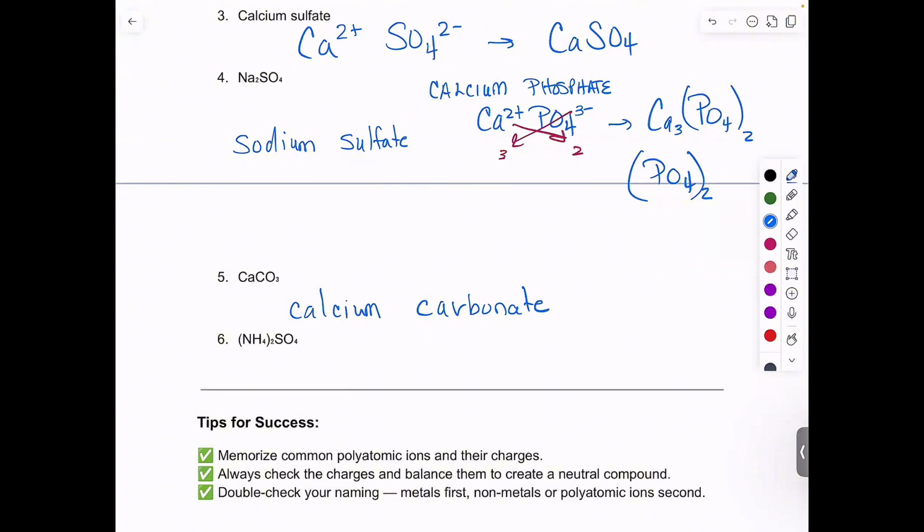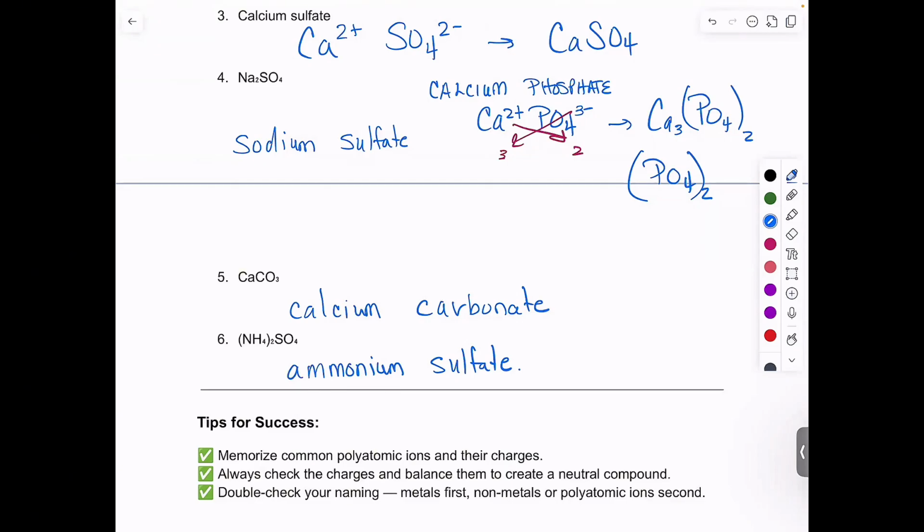Last but not least, we have NH4. We have 2 NH4 groups combined with a sulfate, or SO4. There it is again. So ammonium for the first part, sulfate for the second part. Notice that in the polyatomic world, as long as you know the name, the formula, and the charge, you just name it.